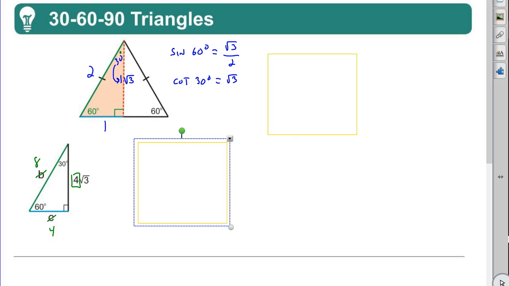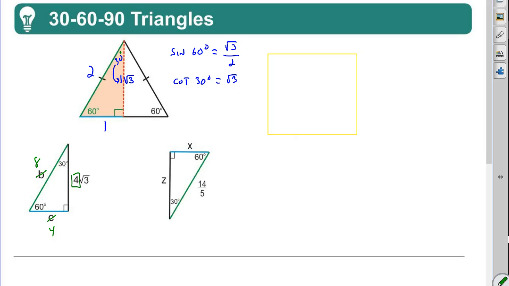How about this scenario? How about if we're given a triangle like this? Okay, well, again, it's spun, but you have to understand that the 14/5 corresponds to the 2. And the x is going to correspond to the 1, so it's half of the 2. So what's half of 14/5? 14/10.